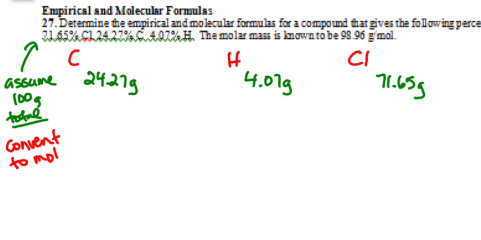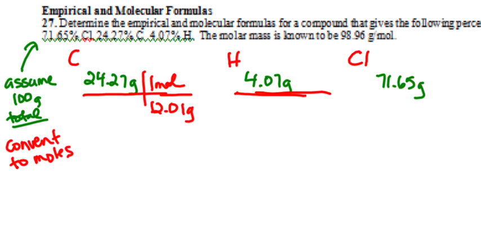So how do we convert each of these to moles? Find the molar mass of each and divide. So for every 1 mole of carbon, I have 12.01 grams. For every 1 mole of hydrogen, I have 1.01 grams.